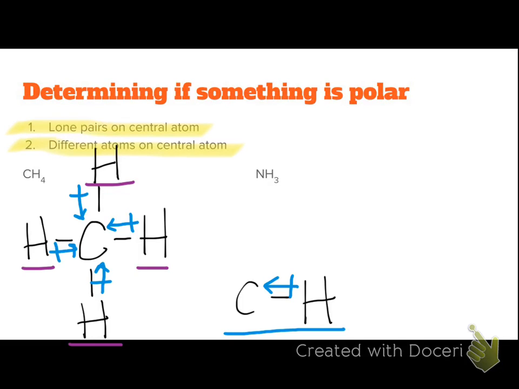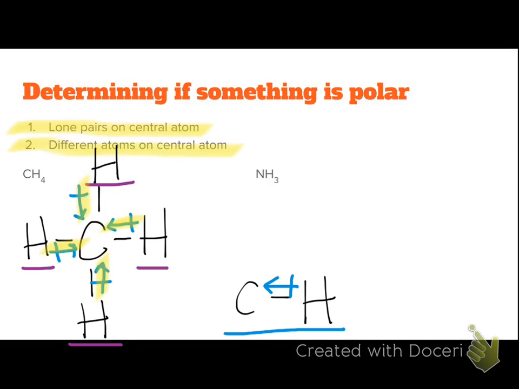Now, what we can look at is if our bonds cancel or if our dipoles cancel. So this dipole right here is pointing towards the C. This one is as well. But since they are pointing in the same direction here, they're going to cancel each other. This one and this one, well, they're pointing in opposite directions.